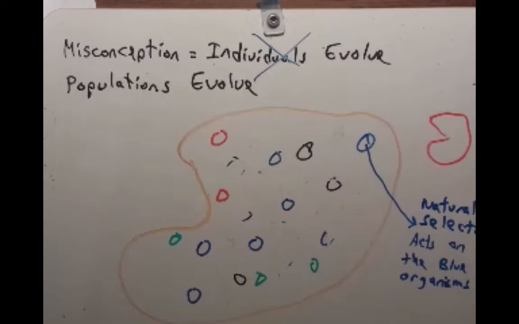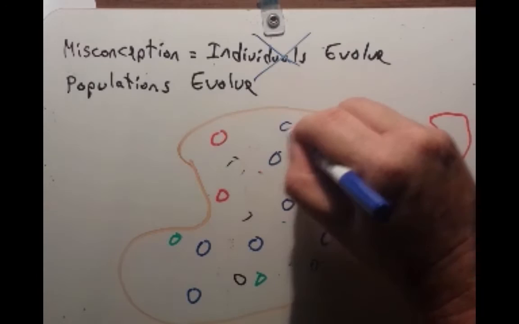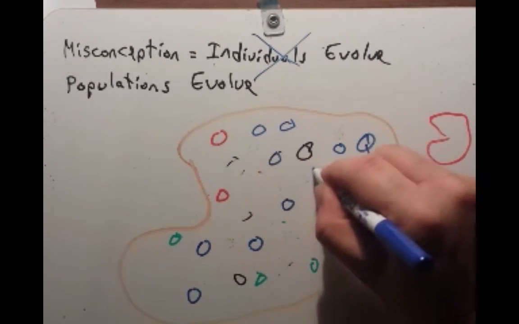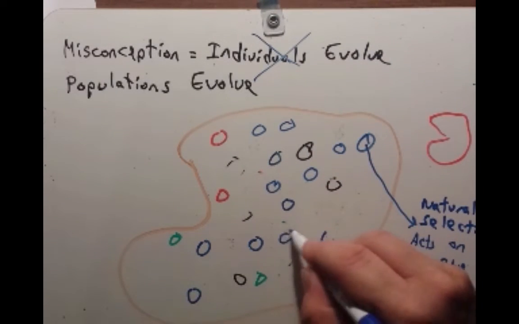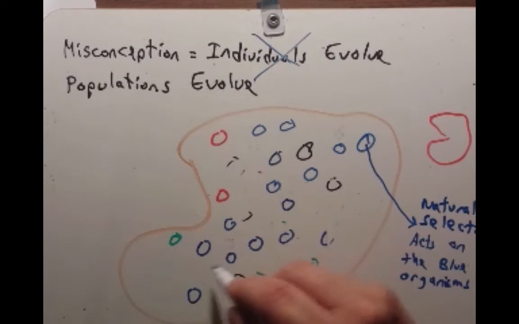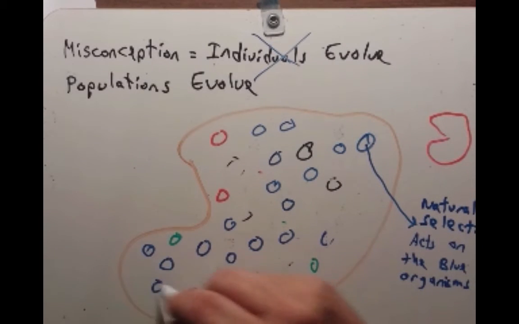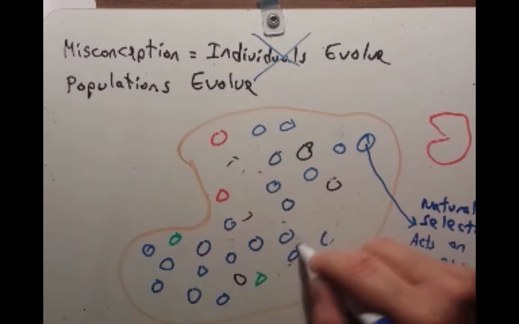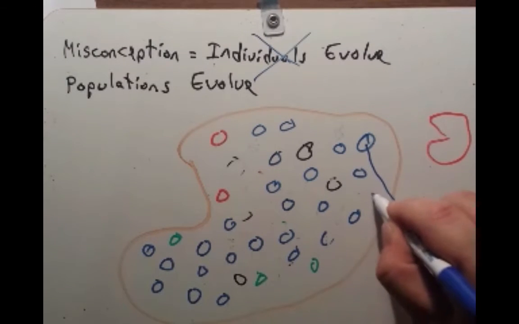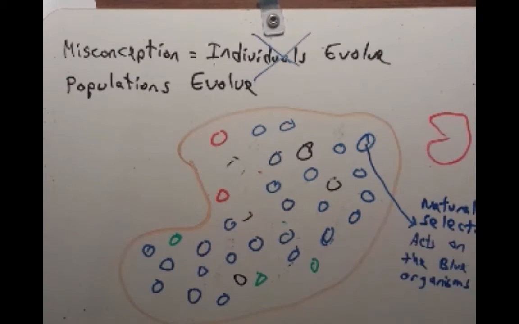These blue organisms have some kind of advantage, and so they survive. And because they survive, they begin to reproduce more. They reproduce faster than the green ones, the red ones, and the black ones, because they're not being eaten as fast. So over time, as we said on the previous one, the blue ones dominate the population now.